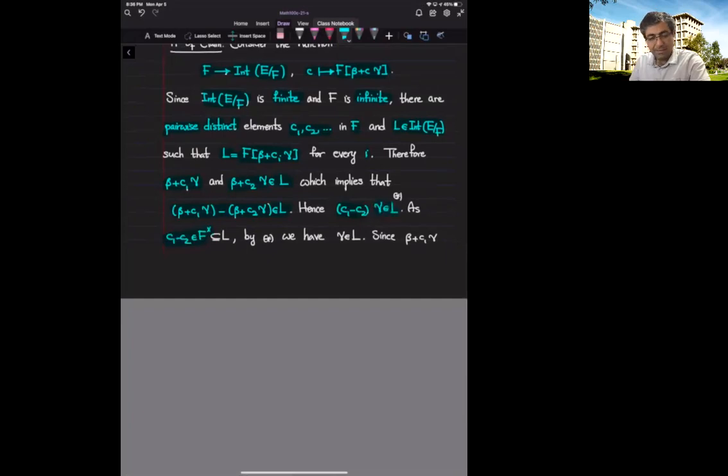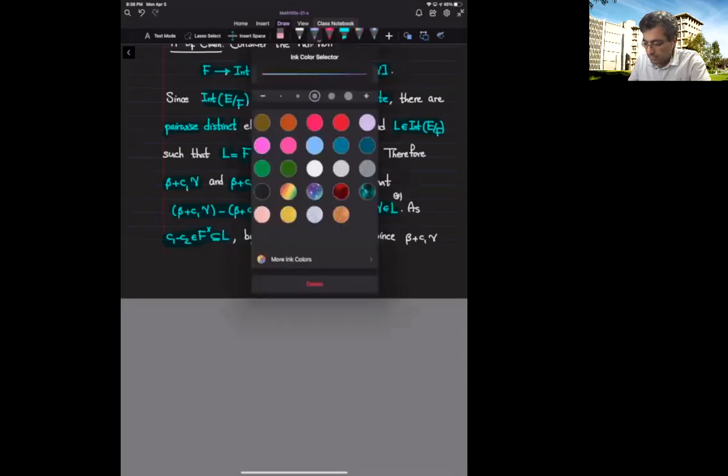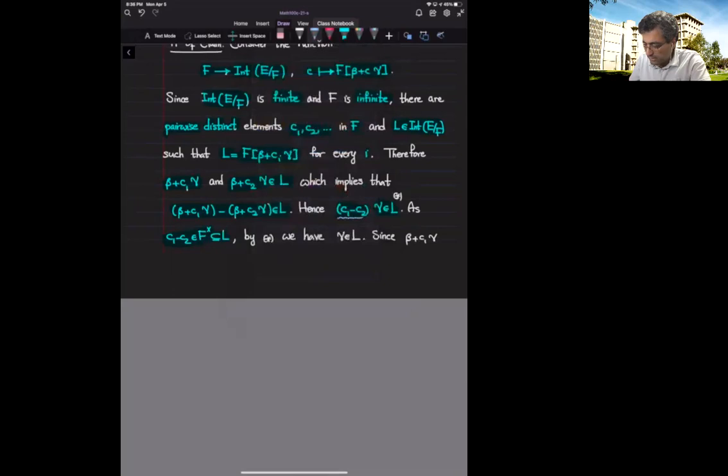This belongs to L. But remember, as we just said, C1 minus C2 is invertible and it is inside L. So the product is inside L, and this factor is inside L, and it's non-zero, so its inverse is also inside L. L is a field. So I can cancel out, and from there we deduce that gamma is inside L. So this part should be inside L as well.